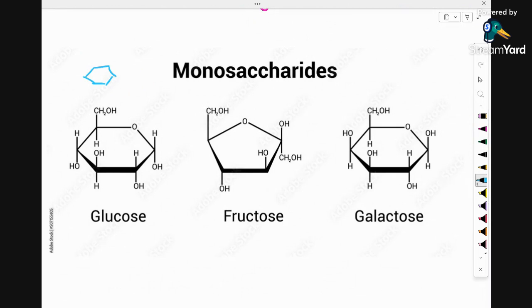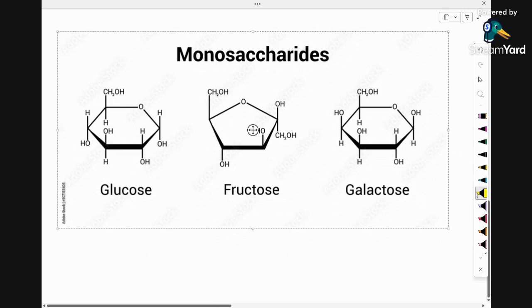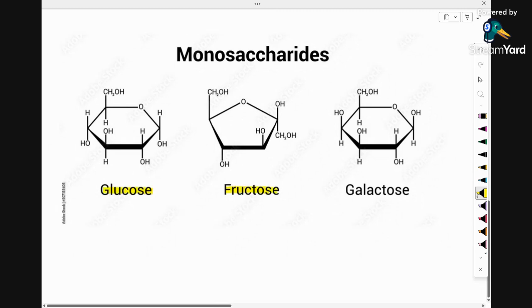We will get to that in just a moment. In fact, we'll do that next. But the main point here is because of the types of isomers that we have: glucose and fructose are structural isomers of each other.